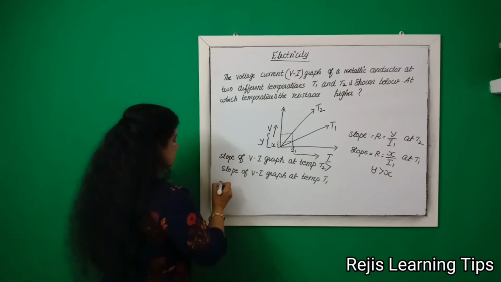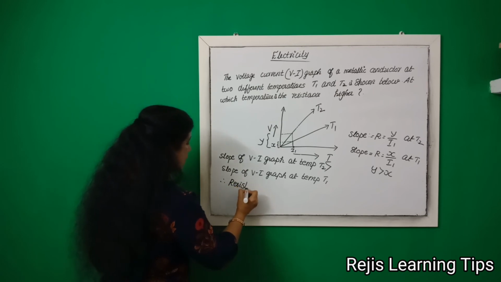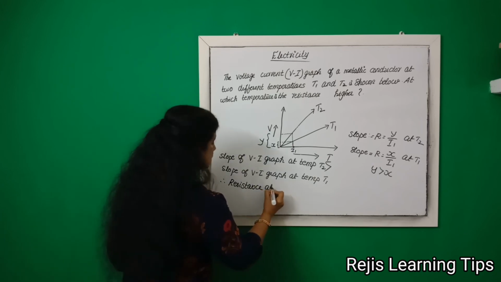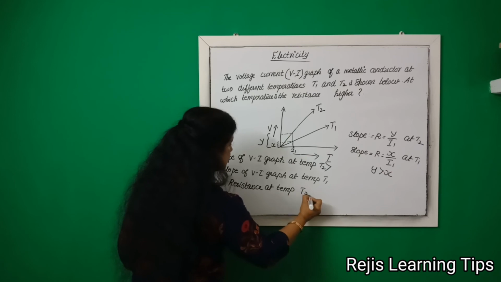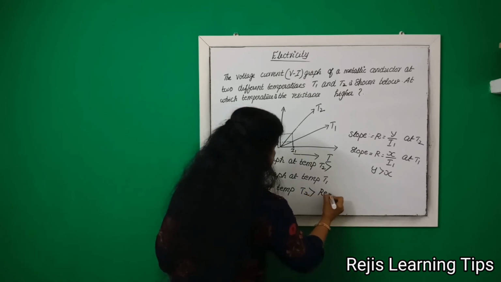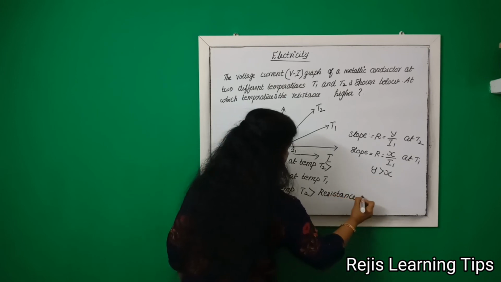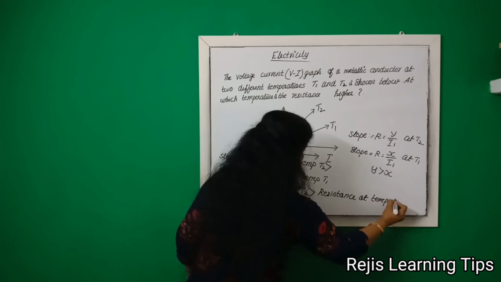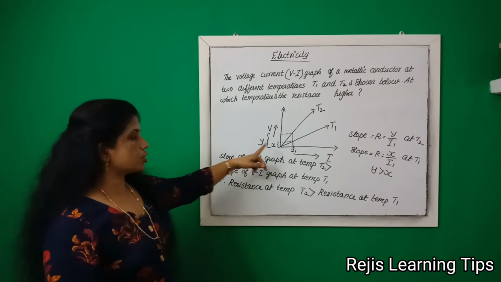Okay, therefore the resistance at temperature T2 is greater than the resistance at temperature T1. Understood? First we should find out the slope.